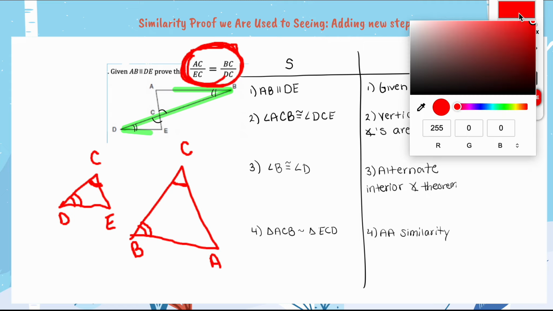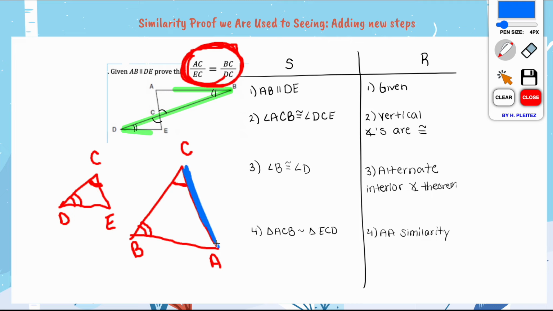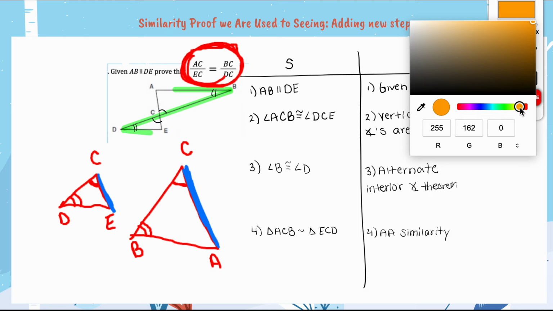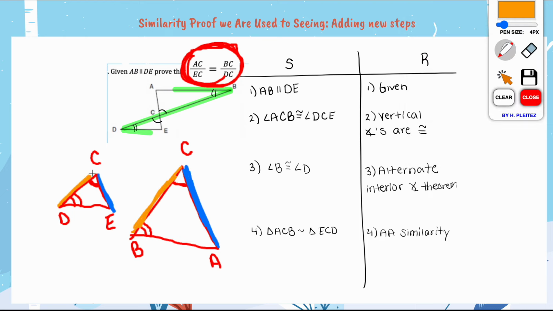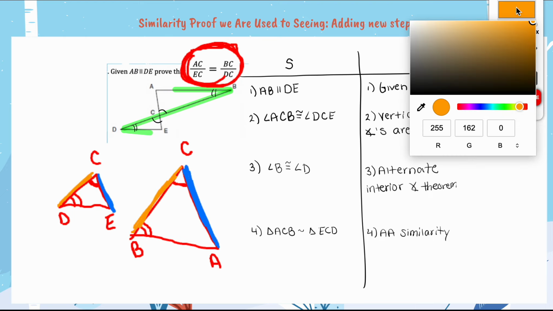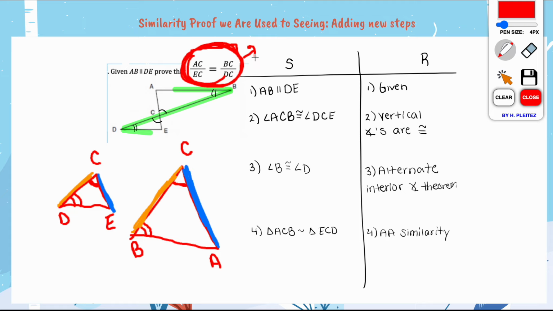Again, what this is asking us to do is prove that AC over EC is equal to BC over DC. Once we have similarity though, we can already say that. Again, these are just proportions of corresponding sides. So once we have our similarity, I can go ahead and say AC over EC equals BC over DC.